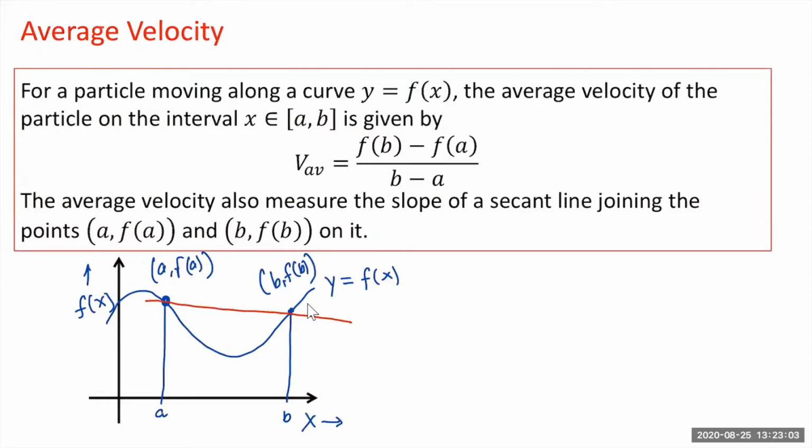You may also add this to your note catcher: V average is the slope of the secant line. In the first part of the chapter, we are going to learn how to calculate the average velocity. Always remember, average velocity is the slope of the secant line.